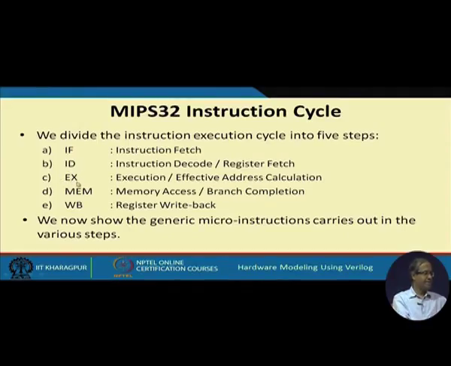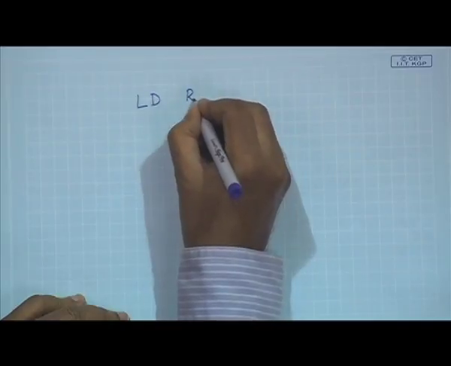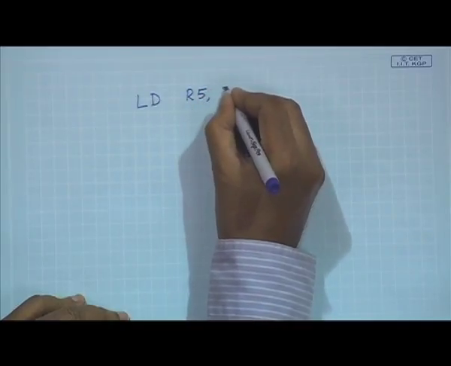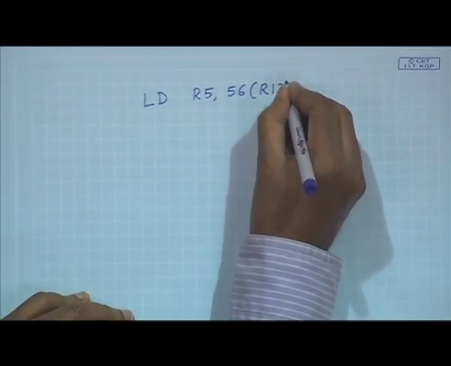And the third step is execution, where actually an arithmetic logic unit is used. Here we execute the instruction, or for some instructions we have to compute the effective address. Think of a load instruction. The load instruction that we talked about was like this: load R5, 56(R12).